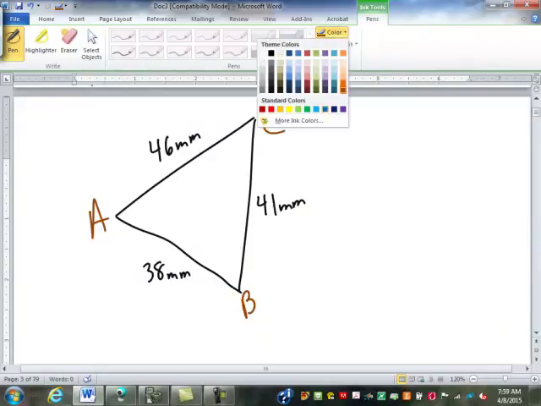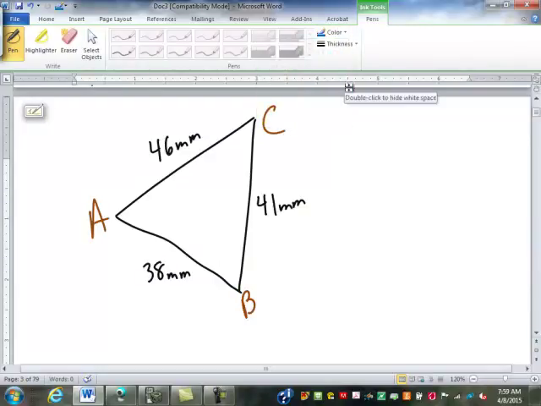Now, in this case, where we have all the sides and we're looking for an angle, remember, things change a little bit. First of all, we have to pick which angle we're going to look for. Does anybody have a preference, A, B, or C?